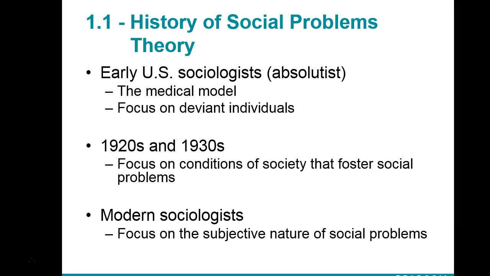Let's look a little bit at the history of social problems theory. Early sociologists and the medical model of society presumed universal criteria of what was normal. Social problems were a result of bad people. Maladjusted people were abnormal because of mental deficiency, mental disorder, lack of education, or incomplete socialization.